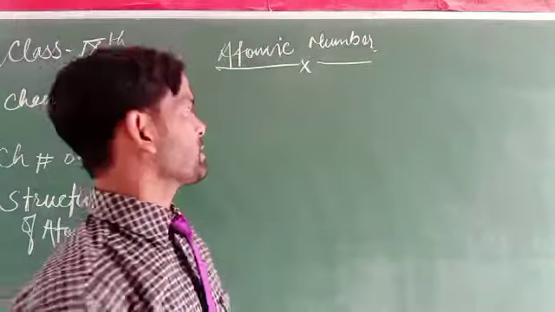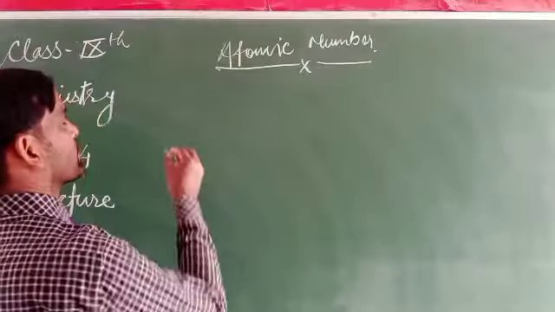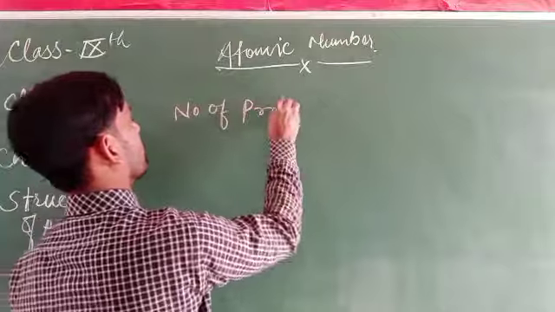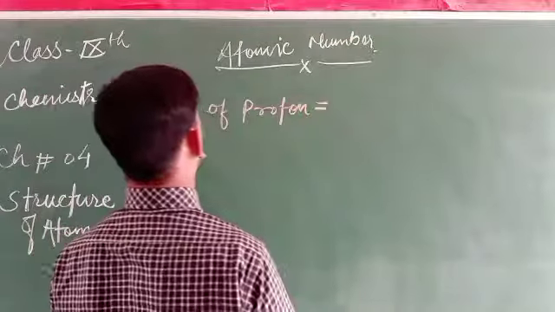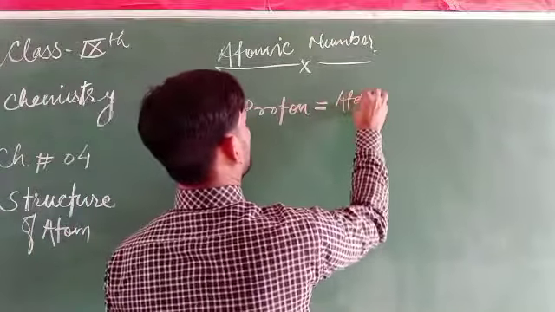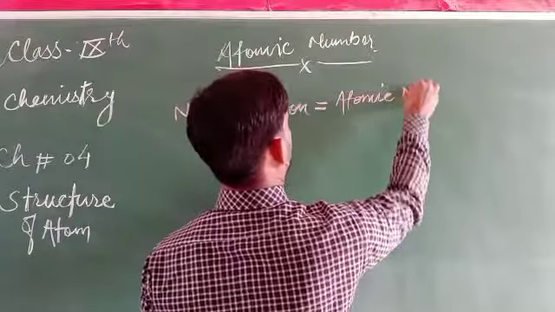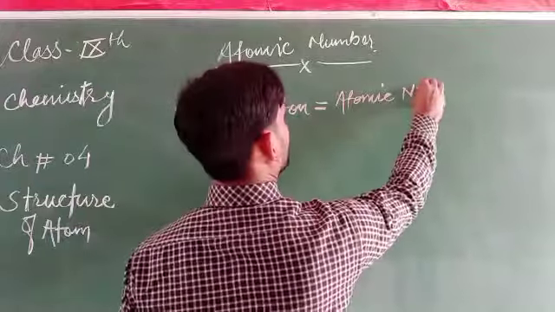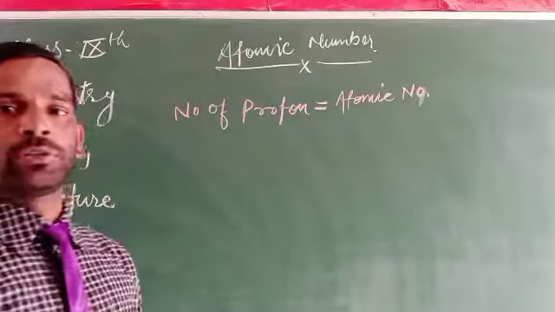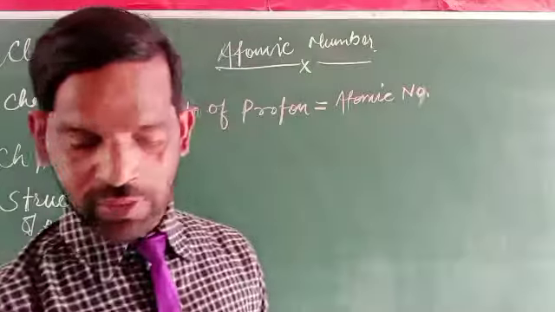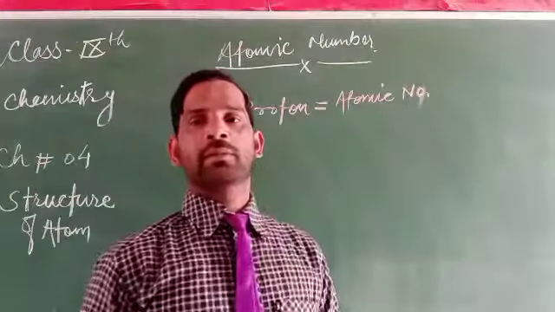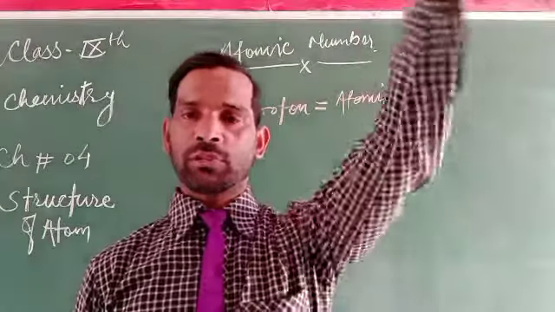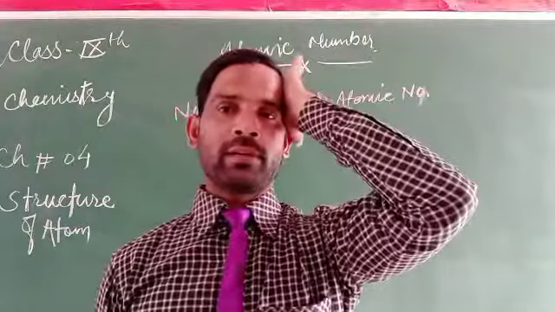So we can say that in any element, the number of protons is equal to the atomic number. If we are going to talk about atomic number, we have to remember one thing: the number of protons is always equal to the atomic number.